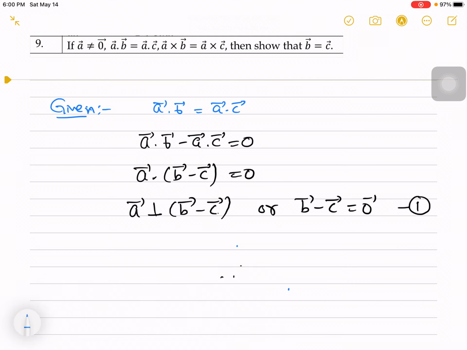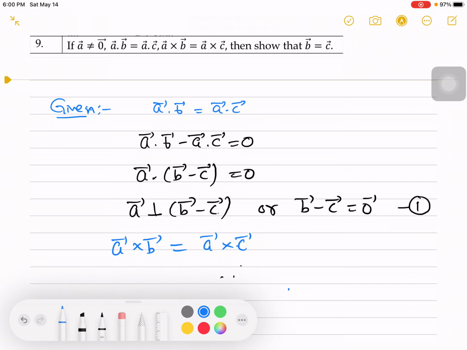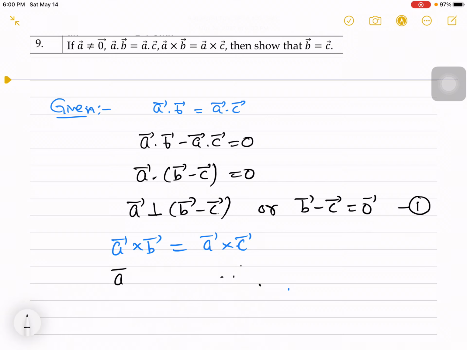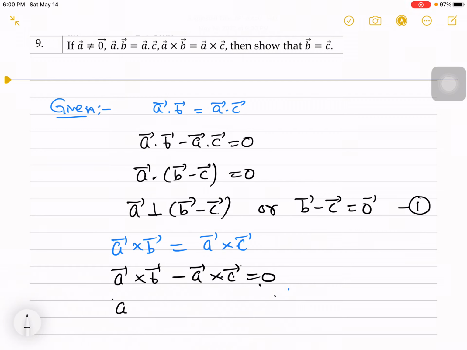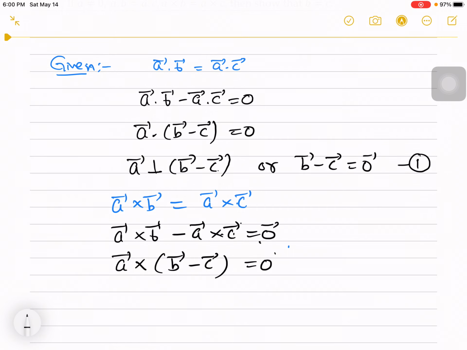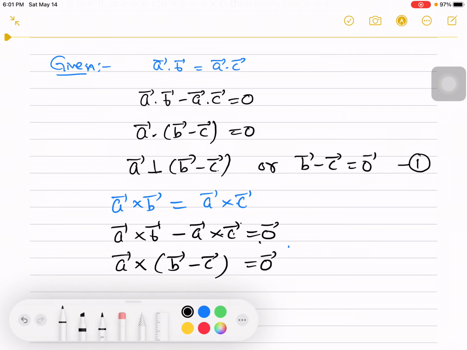Now the second given condition is vector A cross vector B is equal to vector A cross vector C. Repeat the same procedure: vector A cross vector B minus vector A cross vector C. The cross product is also distributive, so we can write vector A cross vector B minus vector C, and this is the 0 vector, because the vector product is a vector value.